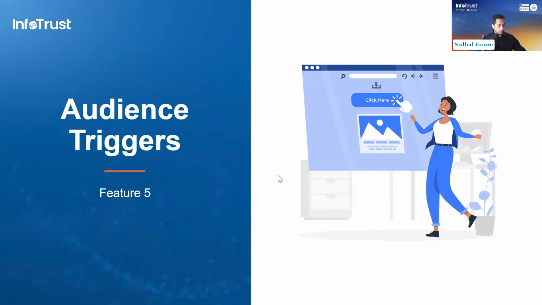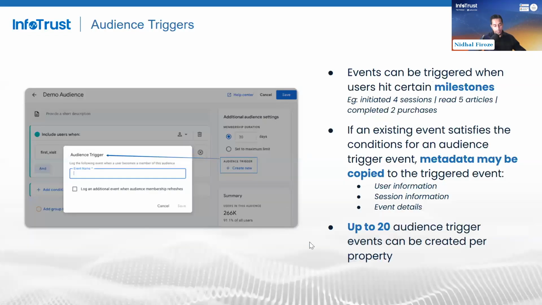The last feature we will cover today is audience triggers, and audience triggers is a way for you to create an event when a certain user becomes a member of an audience. So, for example, if someone performs an action on the website that gets them added to a new audience that you have already set up, you can also create an event which helps you easily report on those types of interactions, right?